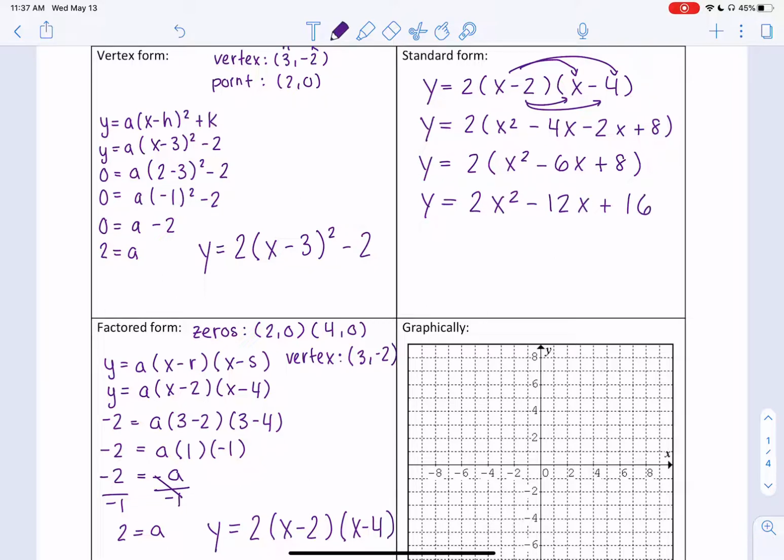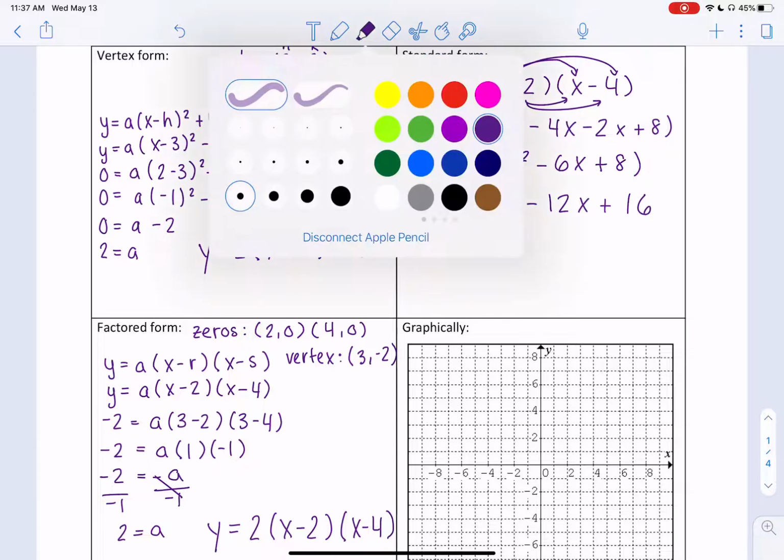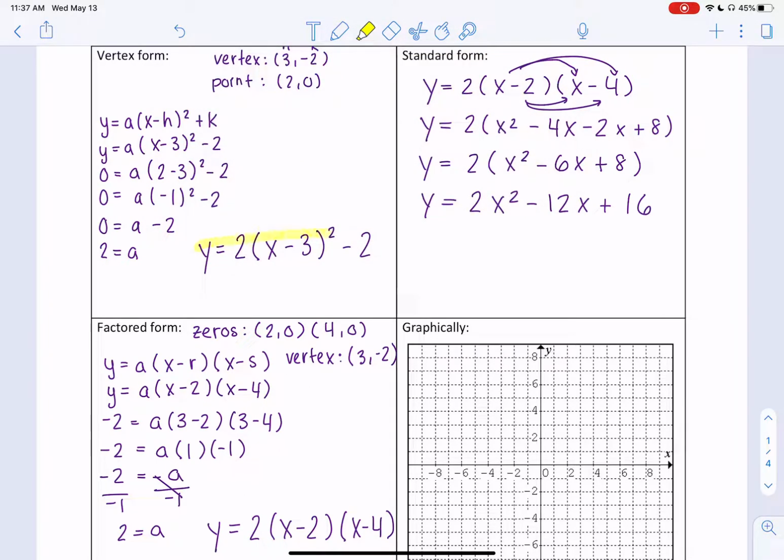So now we have our equation written in 3 different ways. We have vertex form, we have factored form, and we have standard form. If you were to put all of these in Desmos, you would end up with the exact same graph as long as you did all your math right.